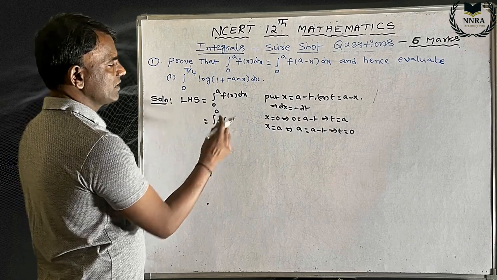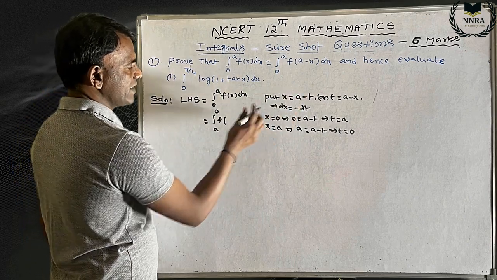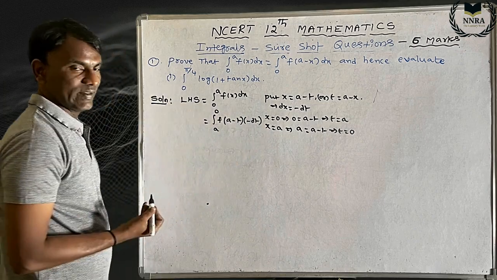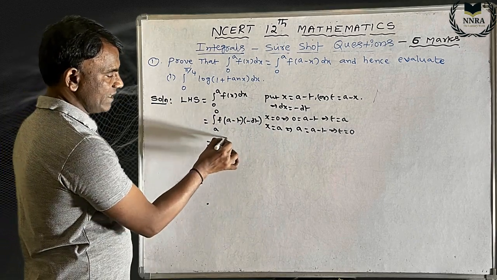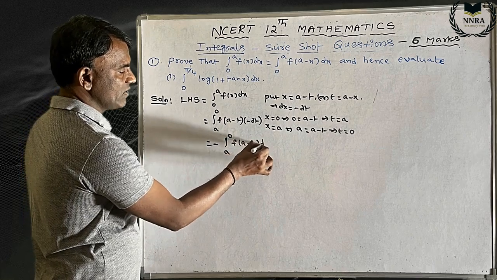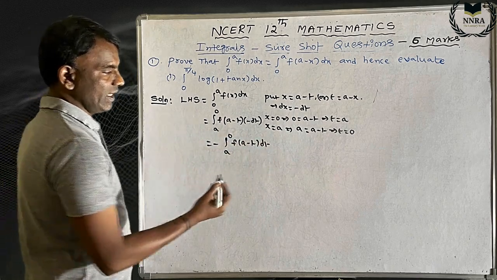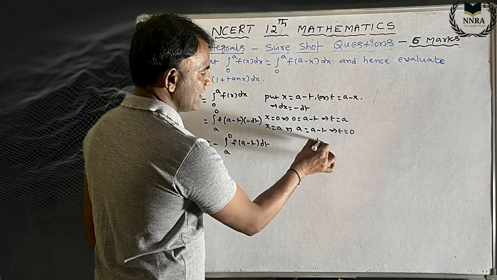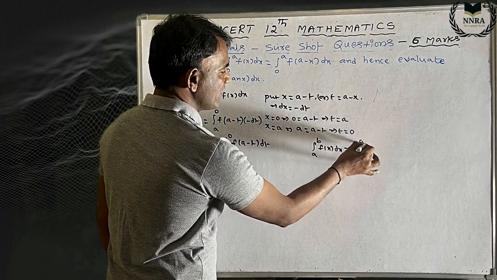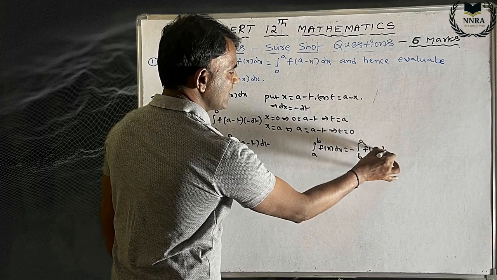So f of x, what is the value of x? a minus t. dx means minus dt. And here minus integral a to 0 f of a minus t into dt. And we know that integral a to b f of x dx equal to minus integral b to a f of x into dx.